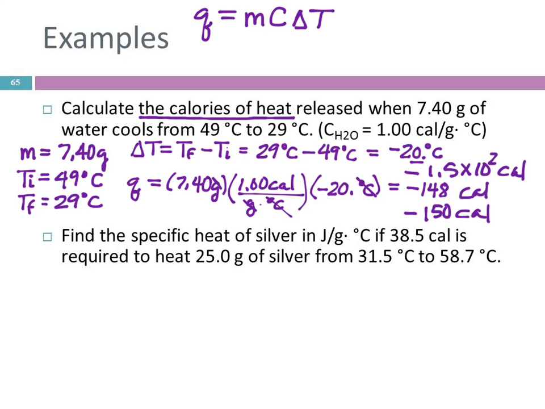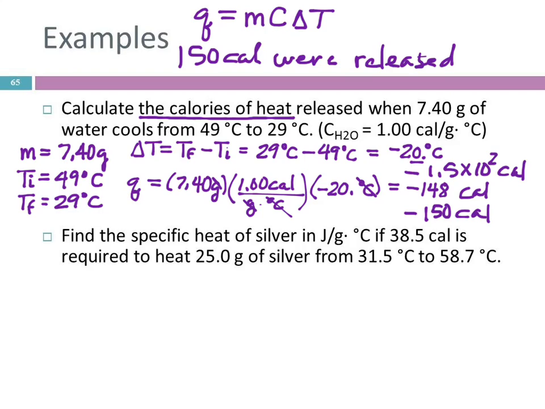Correct. So the correct answer would be Q equals negative 150 calories? I wouldn't say Q equals. I think the best answer would be 150 calories were released. They're asking the question with words, and then we should answer with words. If you're answering with letters and numbers, then we should keep the negative sign.